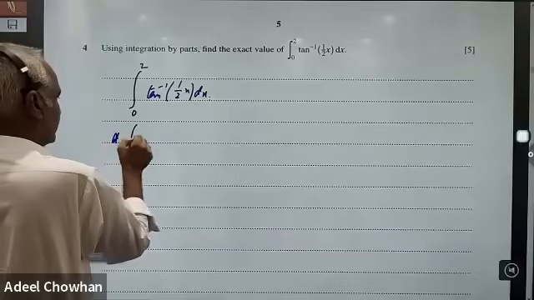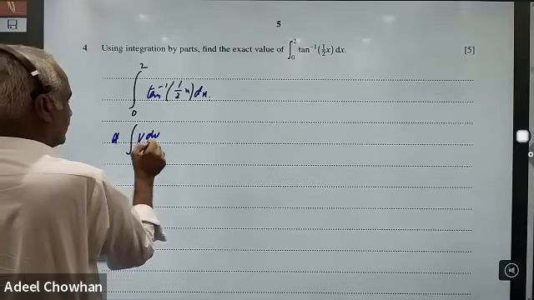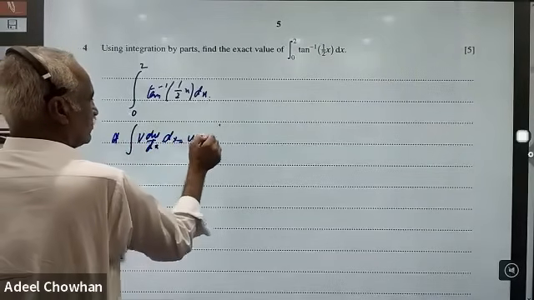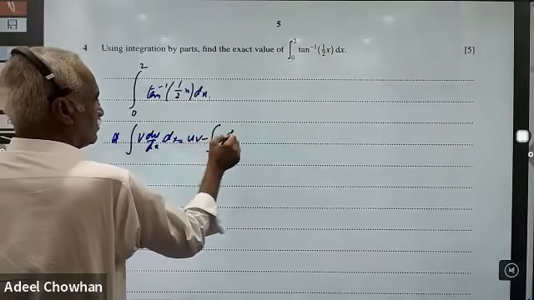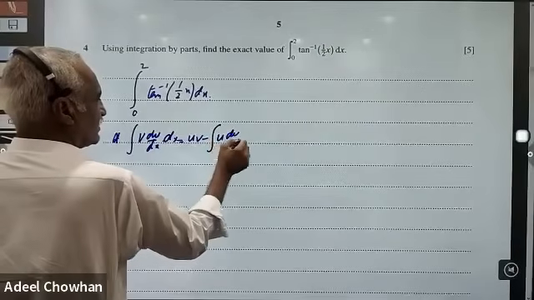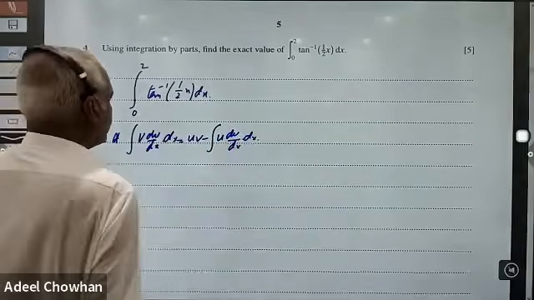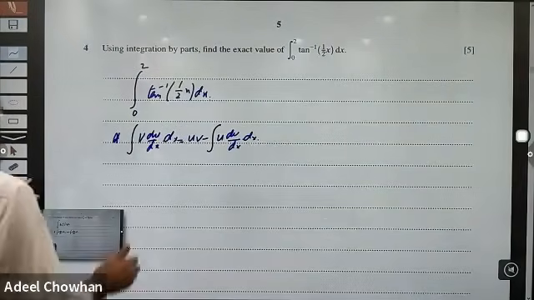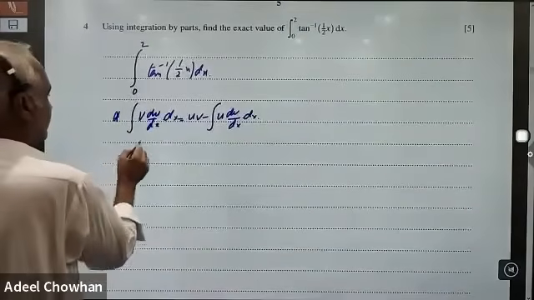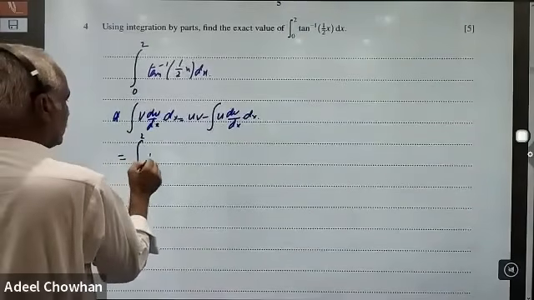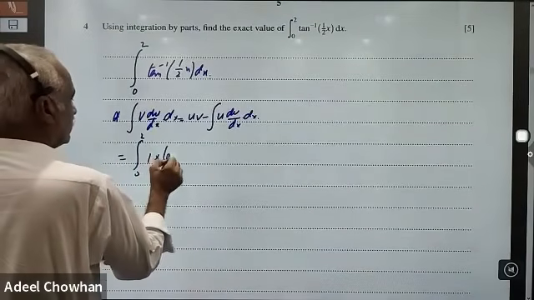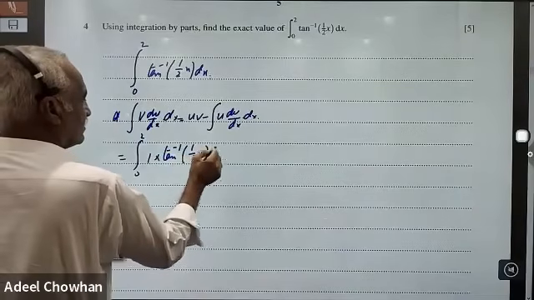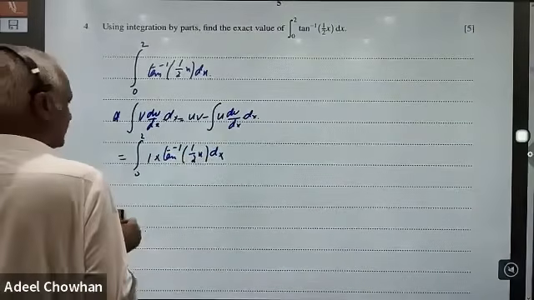Integration by parts is the integral of v du by dx dx is equal to uv minus the integral of u dv by dx dx. But there's only one function shown in this part, so we can multiply this portion by 1: the integral from 0 to 2 of 1 into tangent inverse of half x dx.